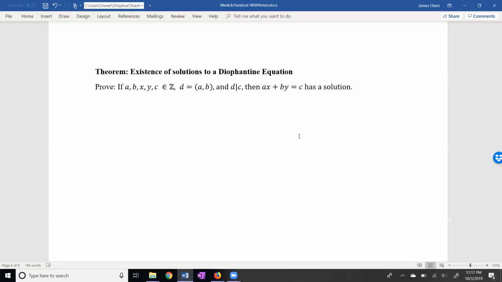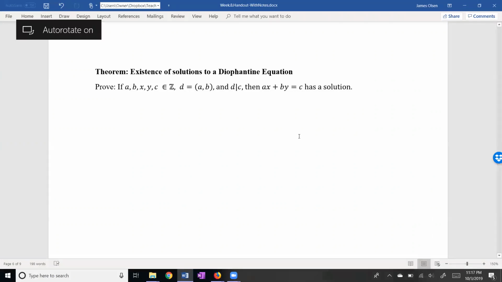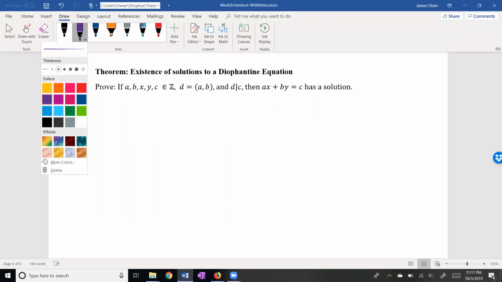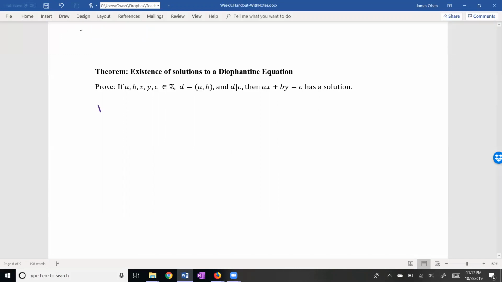This is a very straightforward proof from the number theory results that we already have in place. So we have the given information about the greatest common divisor, and the given information about D dividing C. Let's start with D divides C. This is a given piece of information.